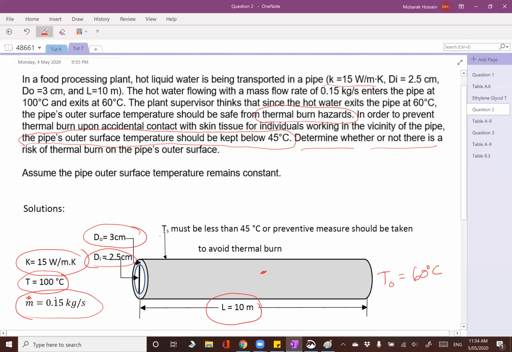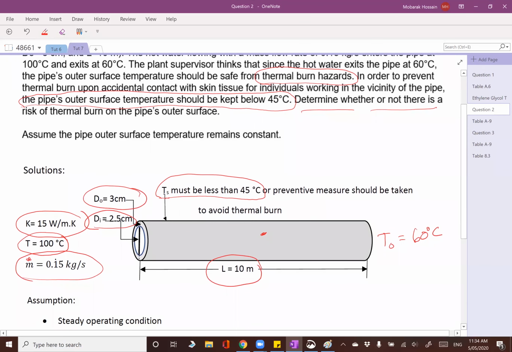So the condition is that the temperature of the outer surface of the pipe must be less than 45 degrees Celsius to prevent the thermal burn, or if more, then you need to decide how much the outside temperature will be, and then how we can prevent it. We will assume the pipe outer surface temperature remains constant.